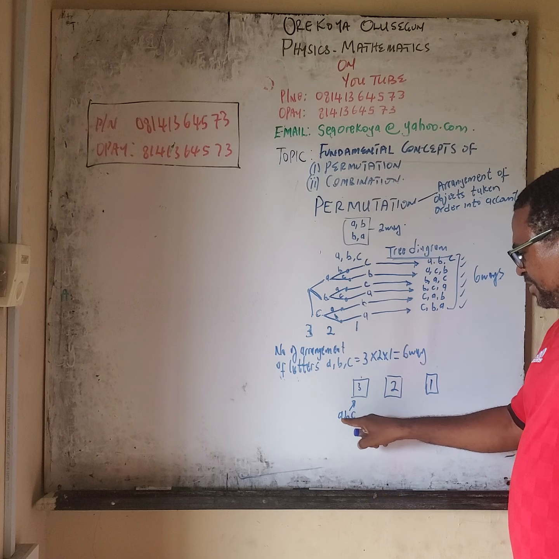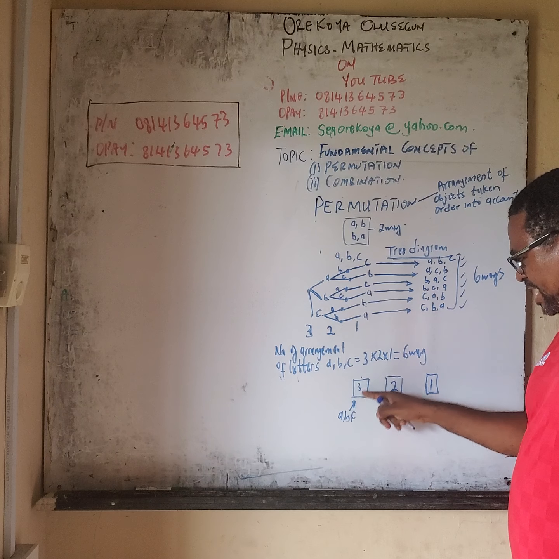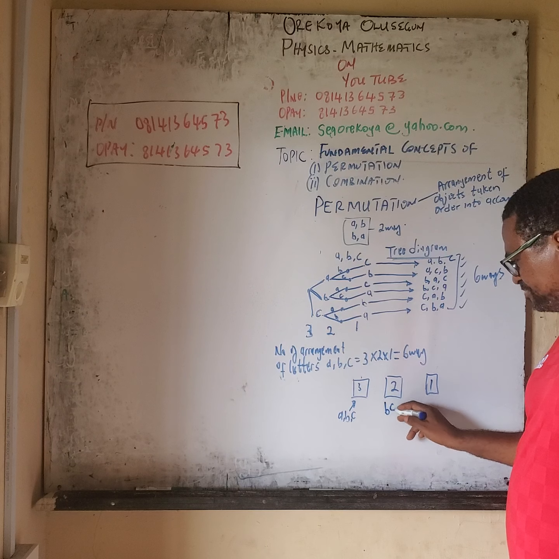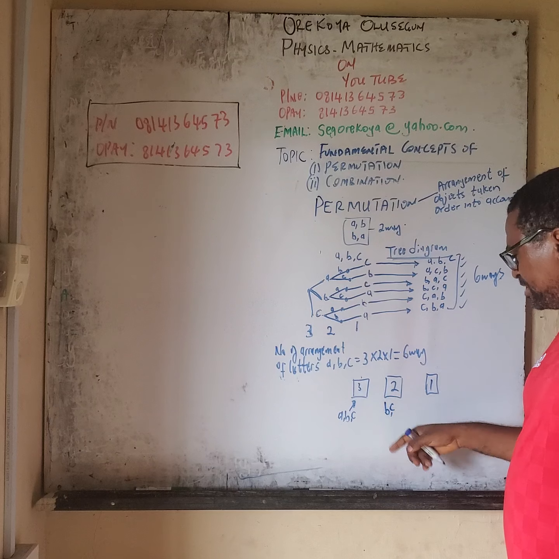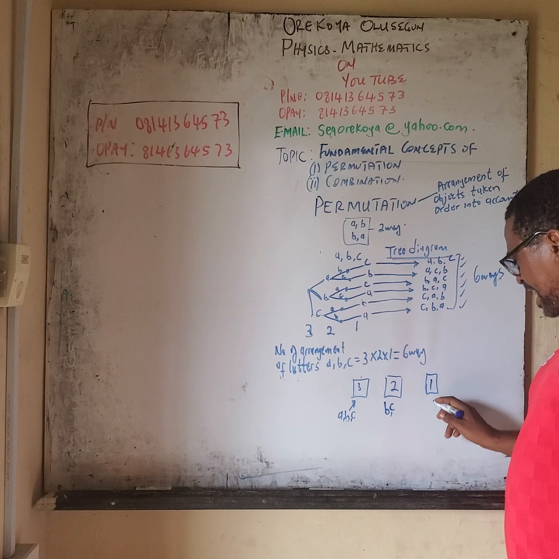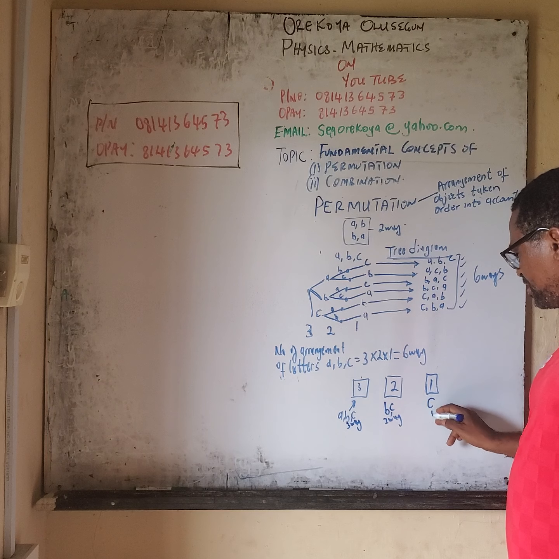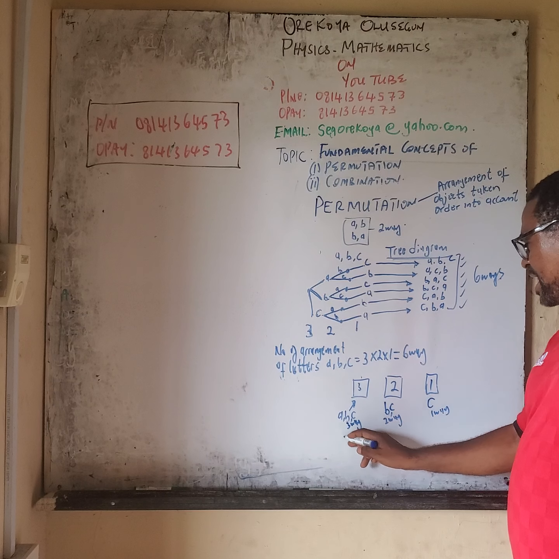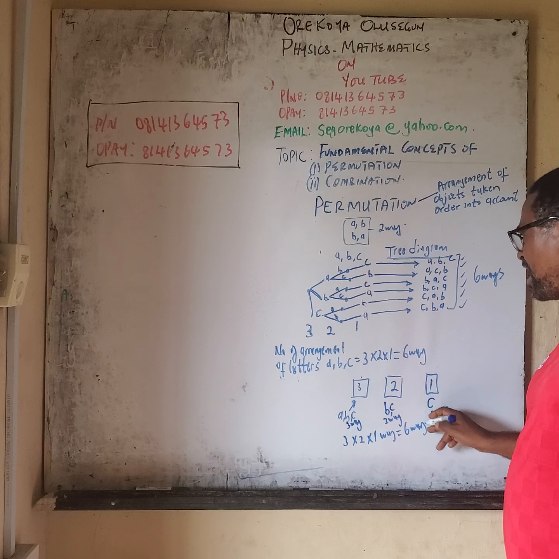For instance, if A has occupied the first place, it will be left with B, C. When B has occupied the second, then I have C as 1 way. So we have 3 ways times 2 ways times 1 way, which is the same as 6 ways of arrangement.